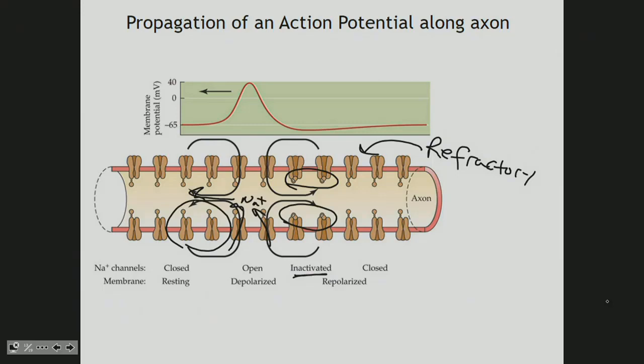So this upstream portion of the neuron, because of this inactivation, is refractory. And there's some refractory period before those little balls kind of pop out, and then the voltage-gated sodium channel can be depolarized again. Make sense? Sort of. You're looking at me like you're crazy.